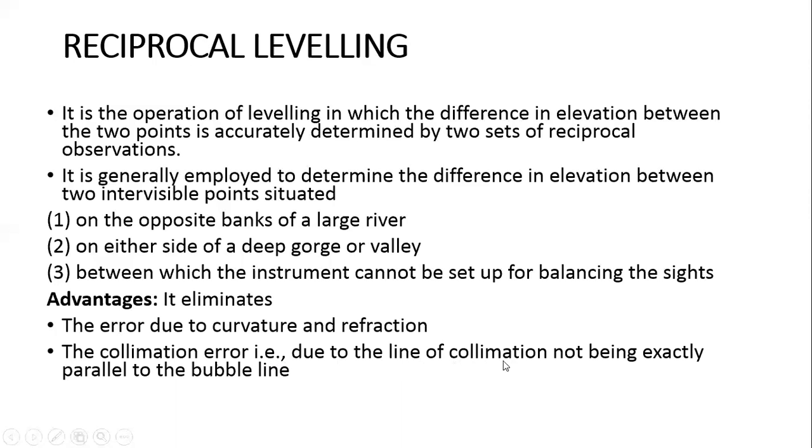This means that the line of collimation is not parallel to the bubble line. This error is also eliminated by applying reciprocal leveling. So all the errors, that is the curvature error, the refraction error, and the collimation error, are automatically eliminated if you apply the procedure of reciprocal leveling.